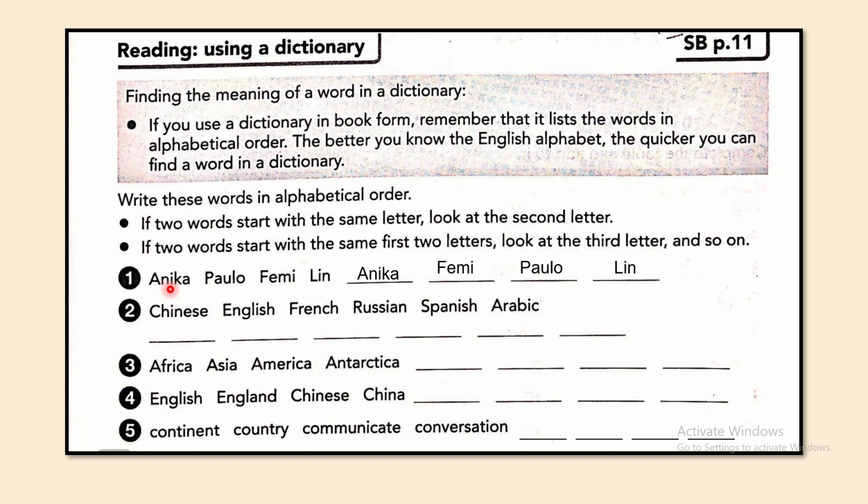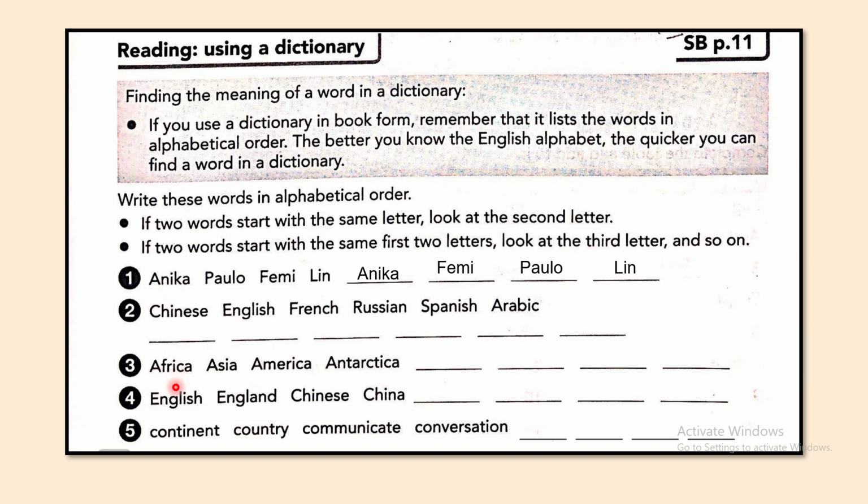If two or more words start with the same letter, look at the second letter of each word. And if two or more words start with the same first two letters, then you look at the third letter and so on.